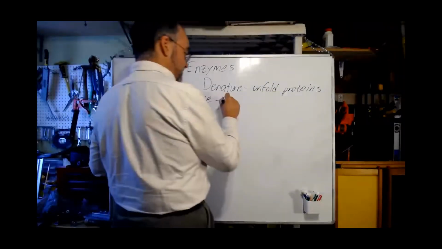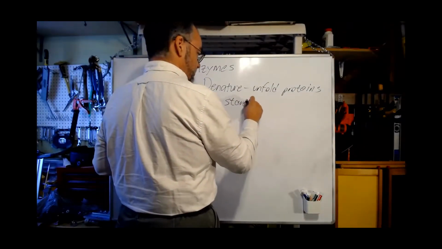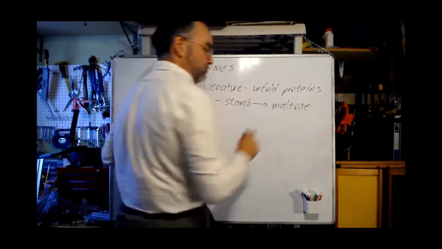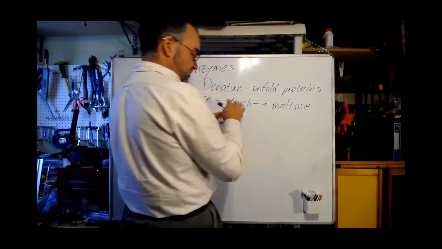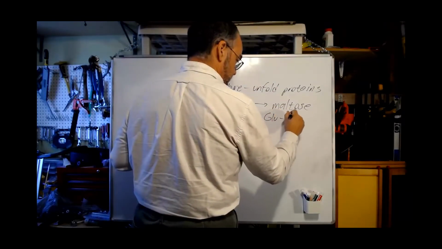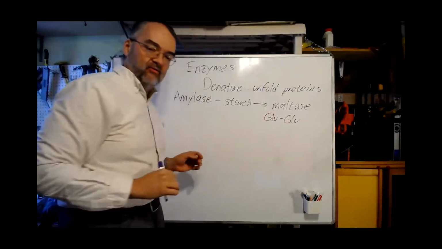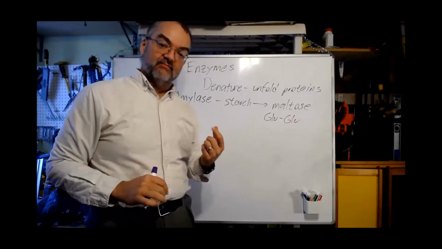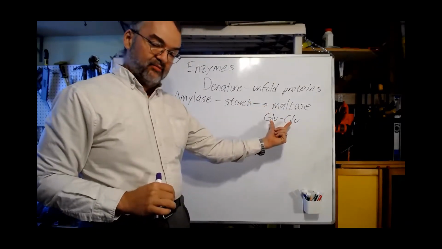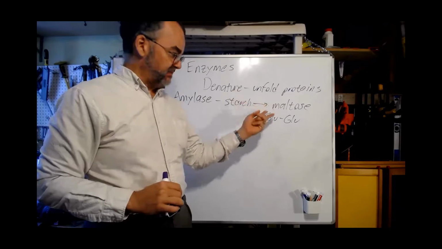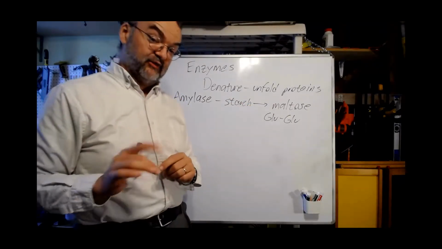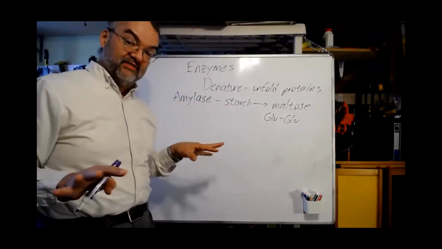Amylases take starch, which is many glucoses together, and break it up into the disaccharide maltose, which is two glucoses together. Amylases can't break that down any further. The breaking up of maltose has to happen later at a particular place in the intestines that we'll get to with a different enzyme. But that's the general idea of an amylase.